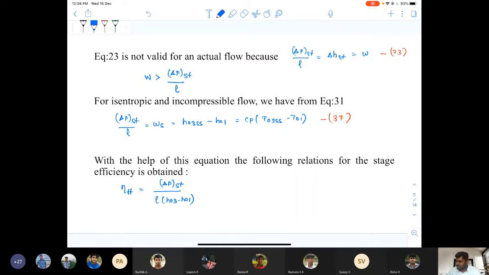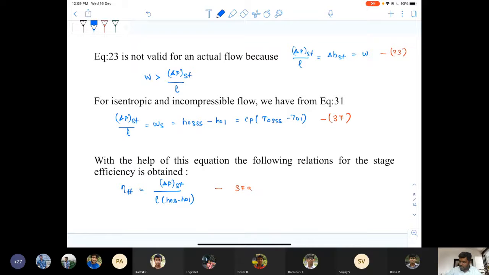We have made this equation come to the denominator, therefore Ws equals delta P at the stage by rho into (H03SS minus H01). Consider this as equation number 37A.